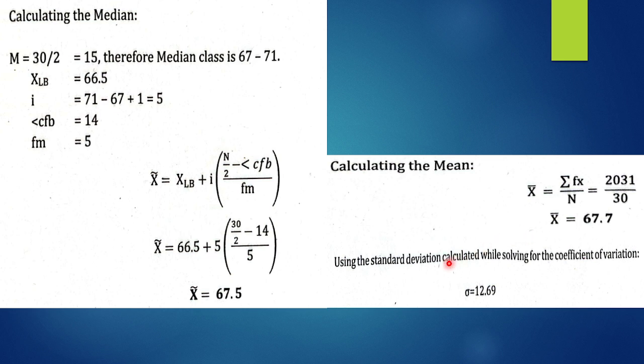So using the standard deviation calculated while solving for the coefficient of variation, we already know after getting the coefficient of variation that our standard deviation is 12.69, so we will use that. So these three that you see, the standard deviation, the mean, the median, those are the three necessary data that we will use in order for us to get the skewness of the data.